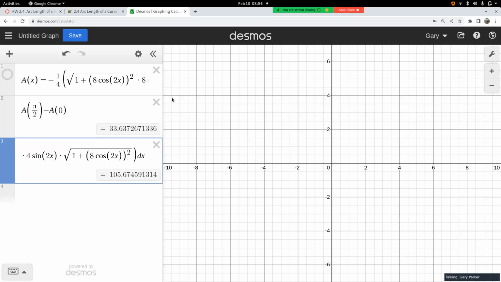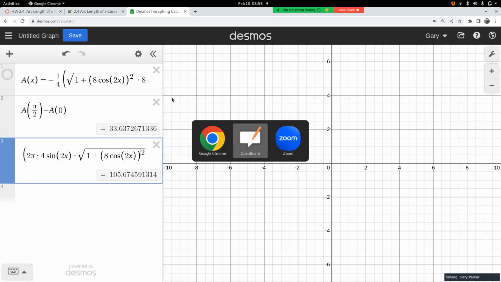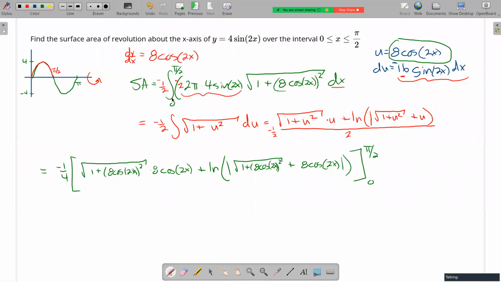Oh boy. Okay, what did I do wrong here? 2 pi times 4 sine of 2x, that looks good. And then 1 plus 8 cosine of 2x, that looks good compared to notes. Okay, my antiderivative must be the problem.